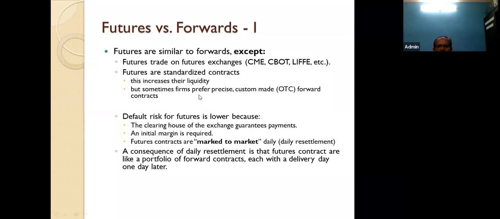But sometimes firms prefer precise custom-made OTC, that is over-the-counter, forward contracts. Now default risk for futures is lower because the clearing house of the exchange guarantees payments and initial margin is required. Futures contracts are marked to market, with daily resettlement.